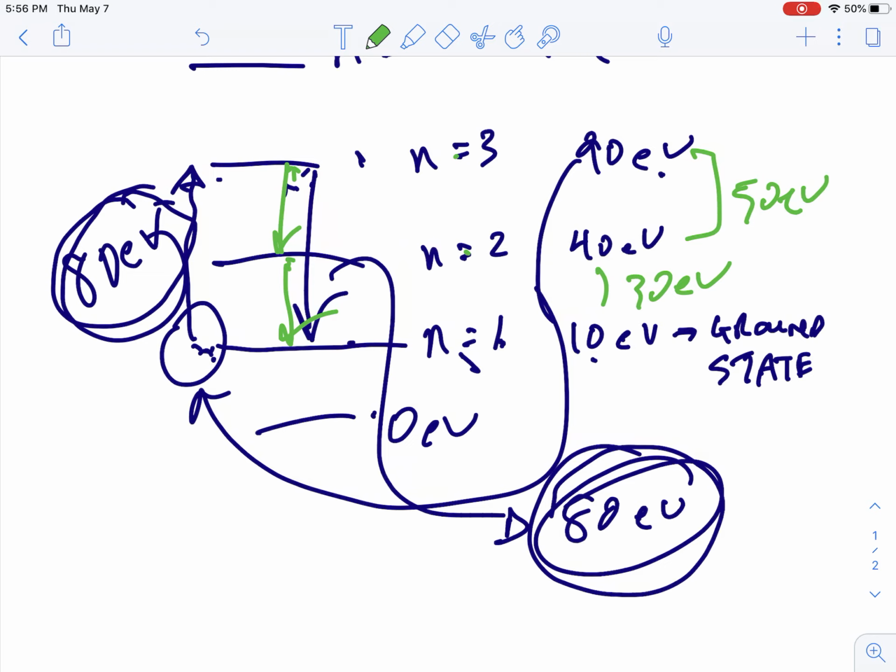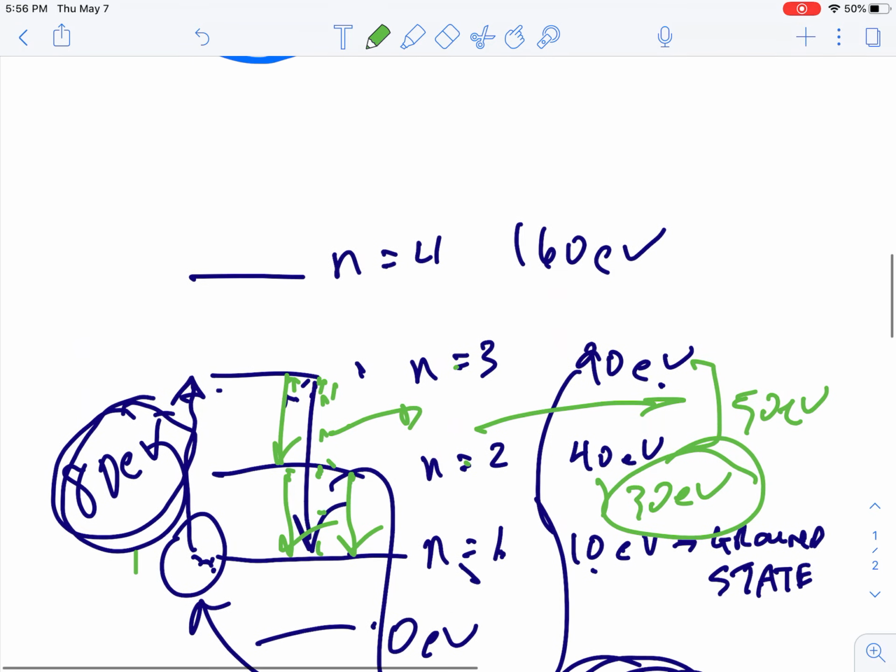So what you'll see is that emission spectrums will be more complex than absorption spectrums, because on the way down, it can stop in between and go, whoa, I'll stop here for a little bit, maybe grab a soda, and kick out a 50 electron volt photon. Then it's going to go, well, I still got to get back to my ground state. So then it's going to make this transition and kick out a 30 electron volt.